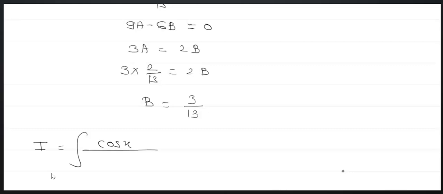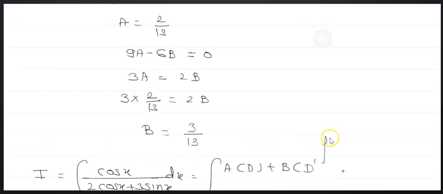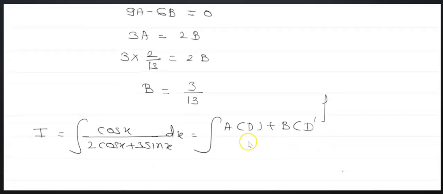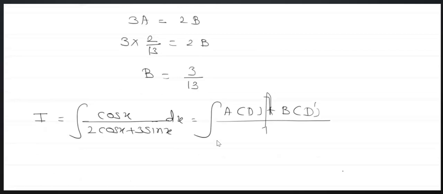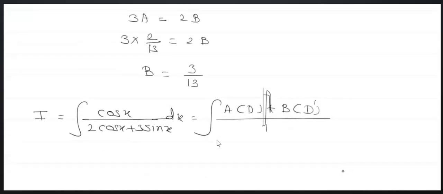Therefore our integral becomes I is equal to integral cos x upon 2 cos x plus 3 sin x dx. Numerator is equal to a into denominator plus b into derivative of the denominator, that is a d plus b d dash, upon d. It is not necessary to write the whole terms again.